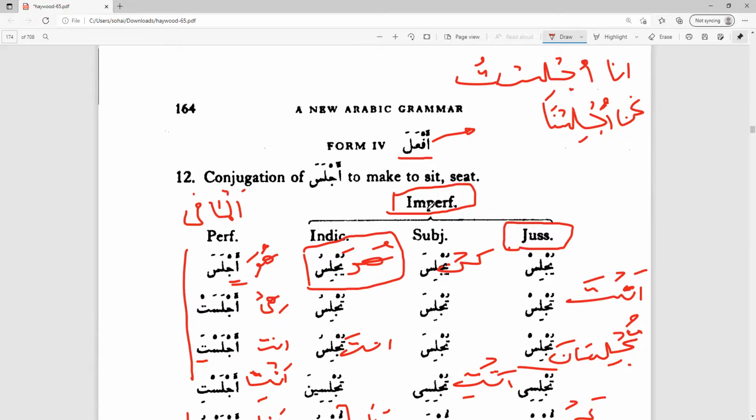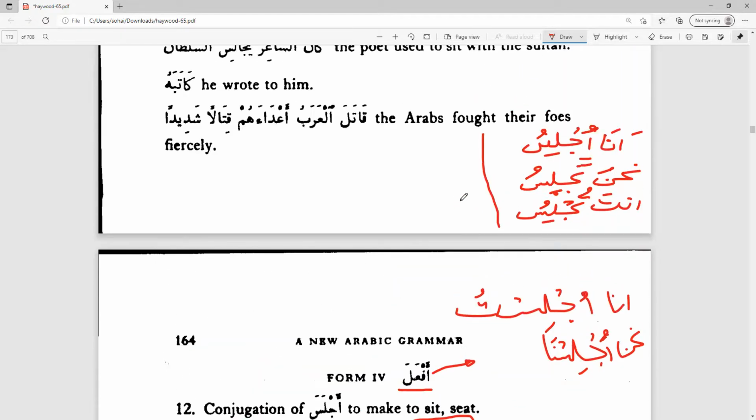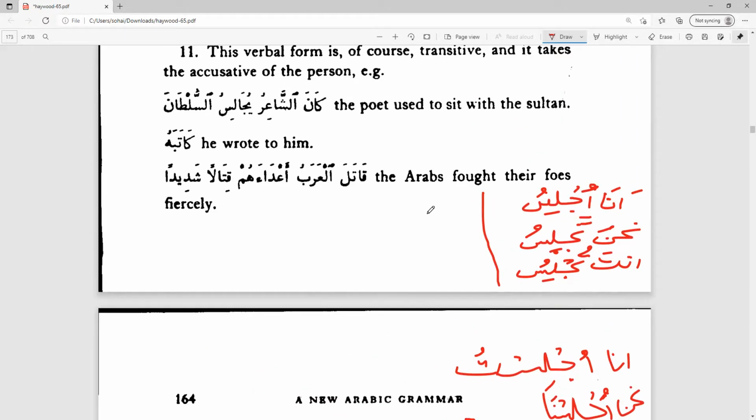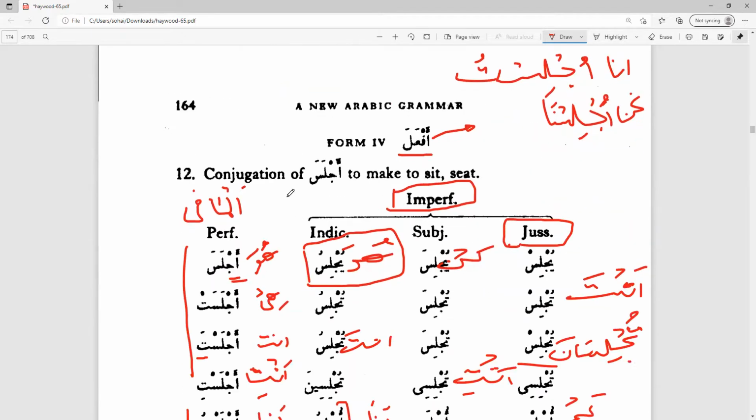So what we're saying is, originally this, let's forget ujlisu because that's not it, anta tujlisu, the one we're going to make mudare, was originally anta tu ajlisu, because there was hamza in the past tense, the additional alif.